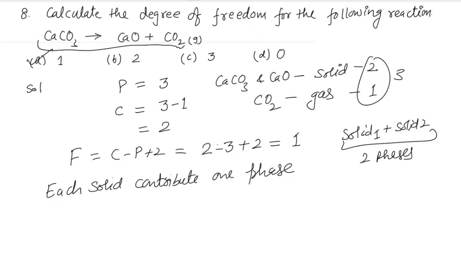Components में तो कोई confusion होना नहीं चाहिए, क्योंकि components क्या है? Number of species minus number of equations. So number of species, constituents are 3, calcium carbonate, calcium oxide and carbon dioxide, and equation is 1, so components are 2. And in case of phases, each solid has a different phase. अगर 2 solid होंगे तो 2 phase, 3 solid होंगे तो 3 phase, 10 solid होंगे तो 10 phase.